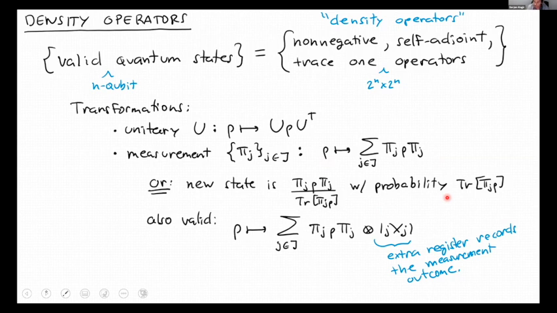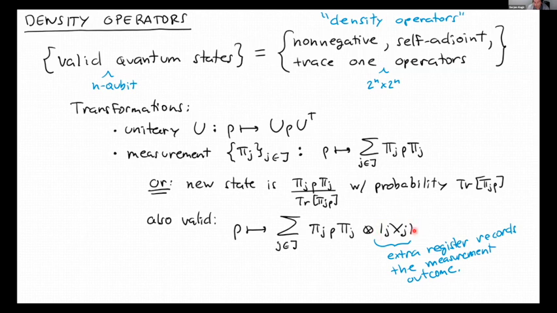Also valid, and this is important, I think, sometimes for cryptographers, is the fact that when we perform a measurement, really there are two products of that measurement. One is the post-measurement state, and the other one is the measurement outcome, which is a label of what projector was observed.